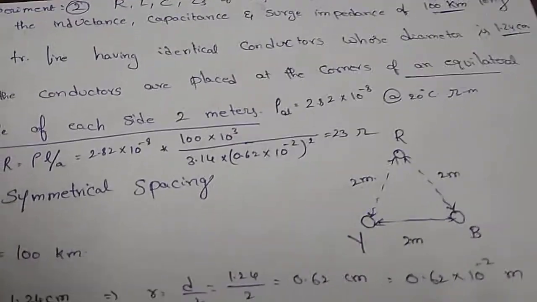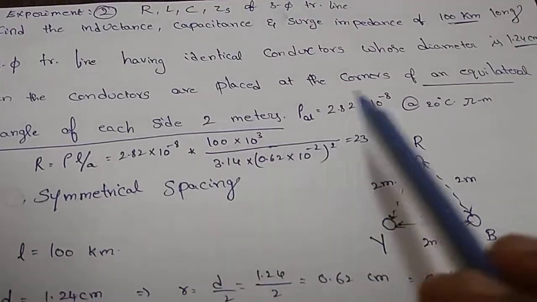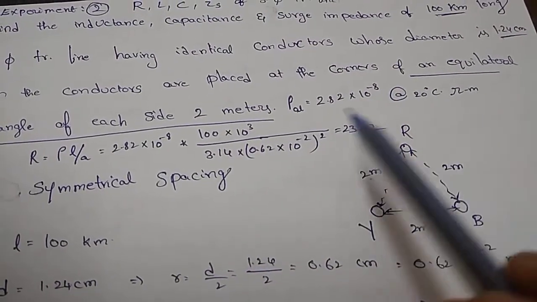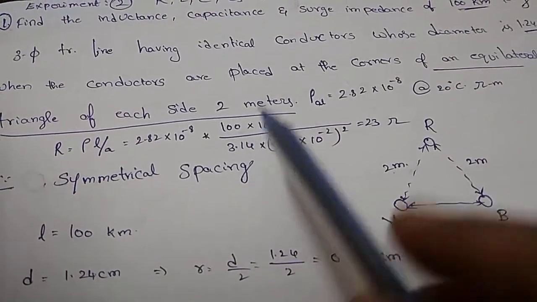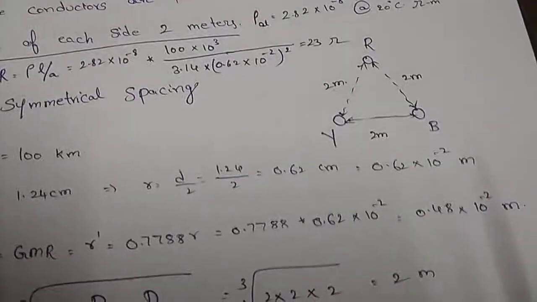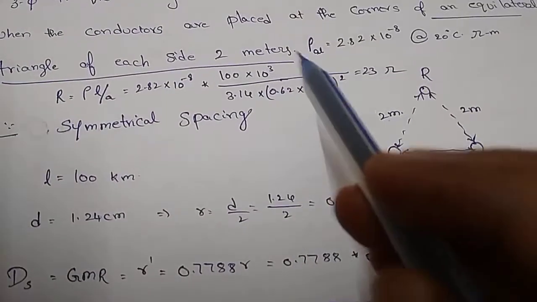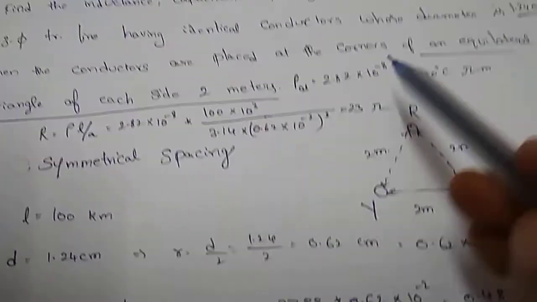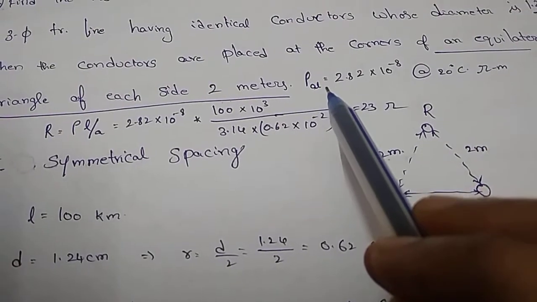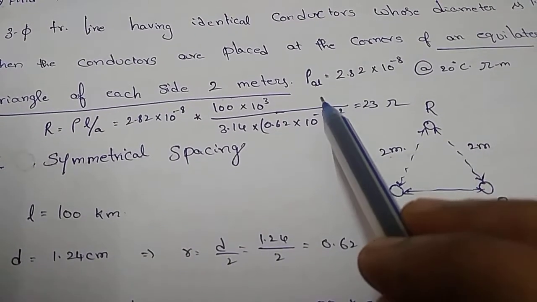The diameter is 1.24 centimeters, and all the conductors are placed at the corners of an equilateral triangle. That means it is a symmetrical one. The distance between those conductors is 2 meters. And here I am assuming the material is aluminum.